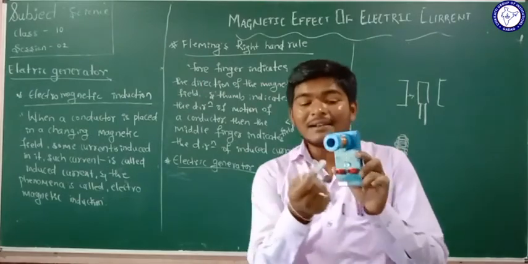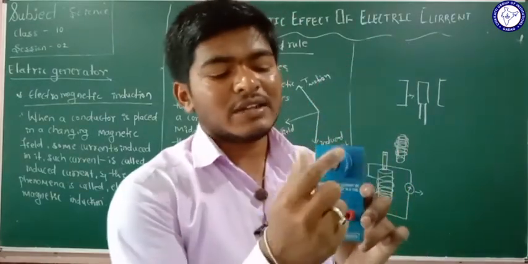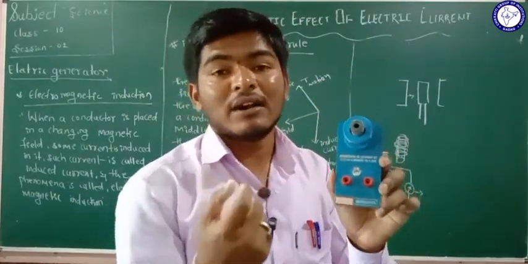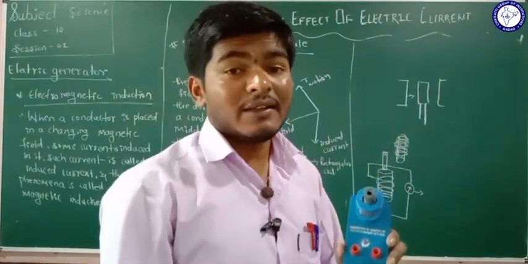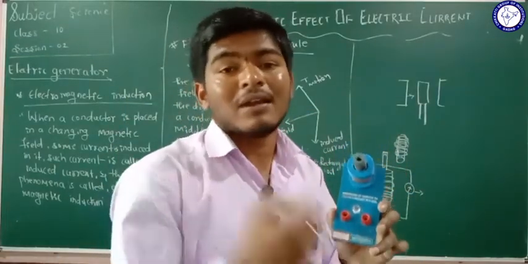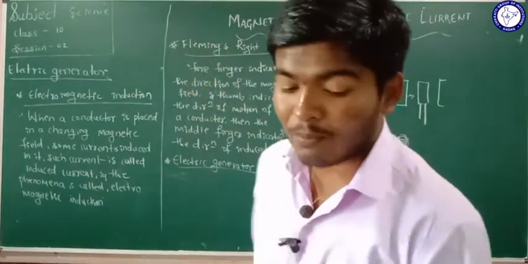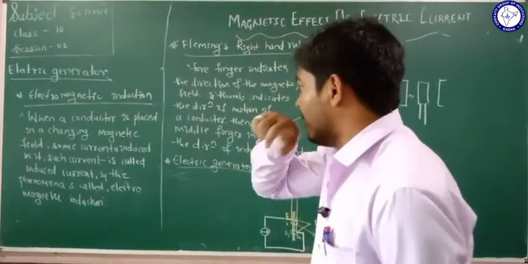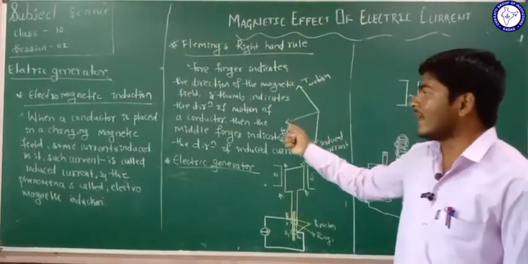So this current is induced here, the current comes here, that is called an induced current, isn't it? And the total phenomenon is known as electromagnetic induction. And what is electromagnetic induction?